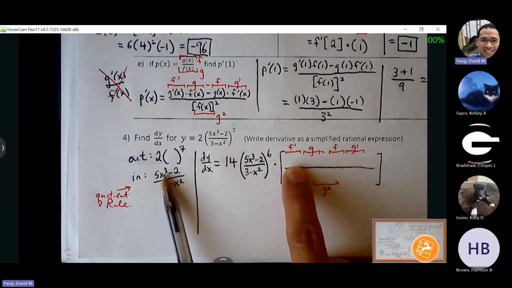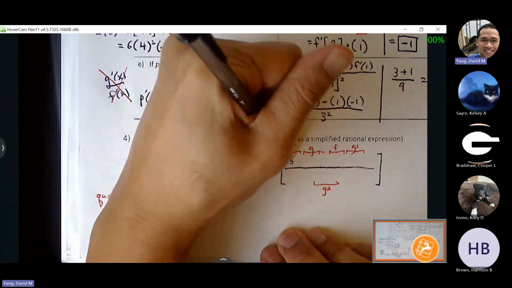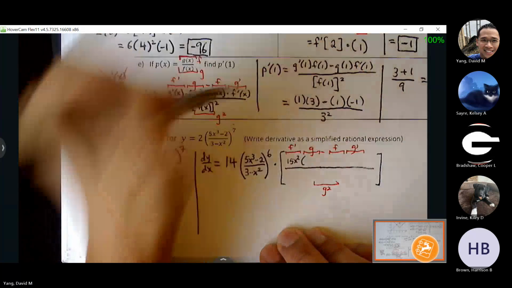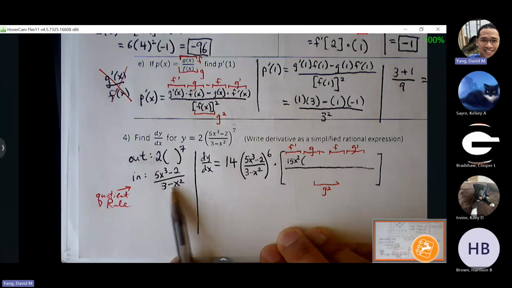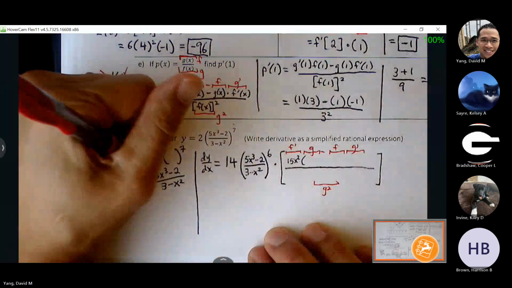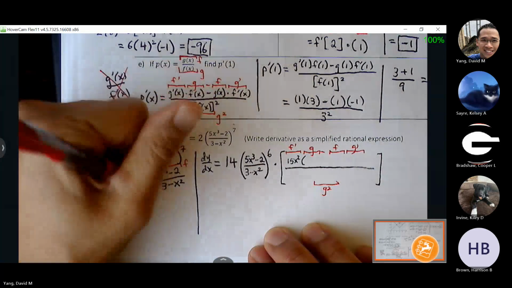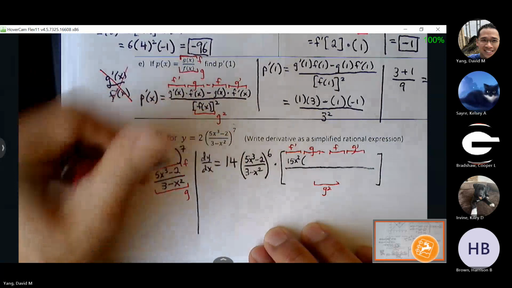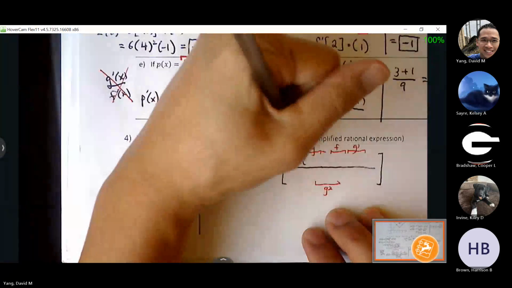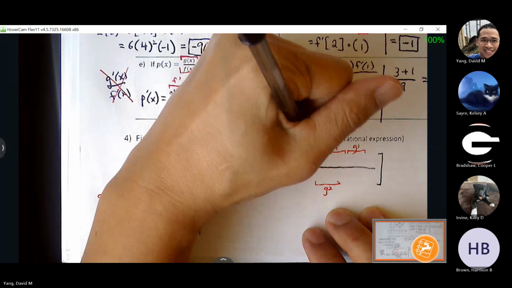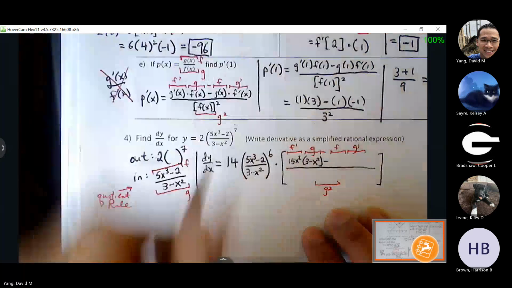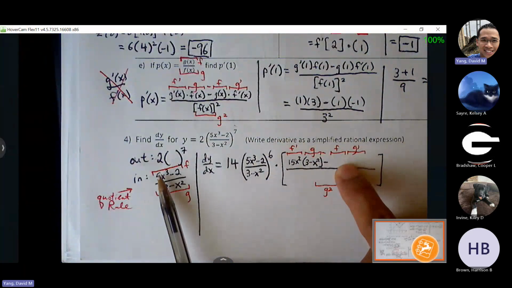I get 15x squared, and the 2 goes to 0. My g is 3 minus x squared, no changes. Back to f.